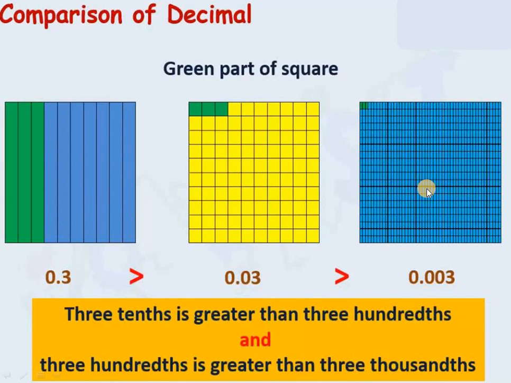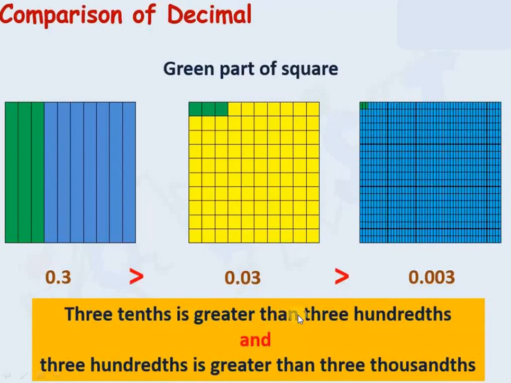And lastly, 0.003. So put them in sequence: first, second and third. In this way we have got the comparison. We are able to find out which one is greater and which one is less.